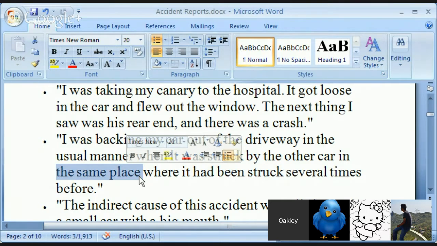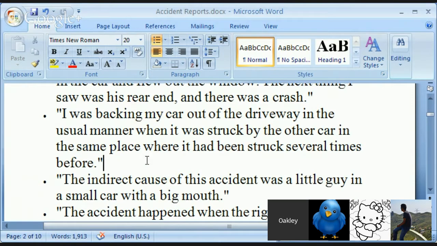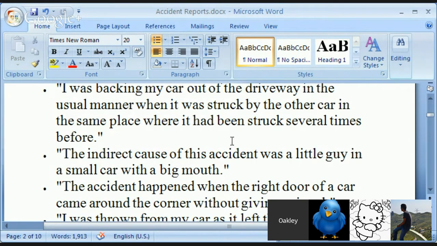So in order to make it less confusing, if it were me, I would make this into two sentences, by simply saying he struck me in the right rear quarter panel, which is the same position, or the same place on my car that has been struck, or the same spot in front of my driveway, whatever. He just needs to use a little more language to make that clear, I think.